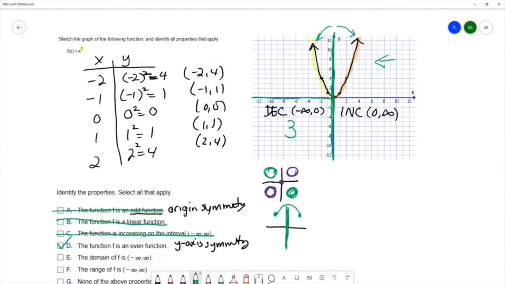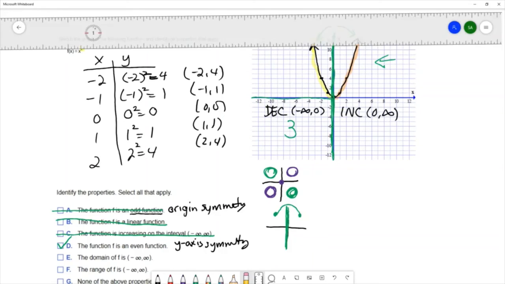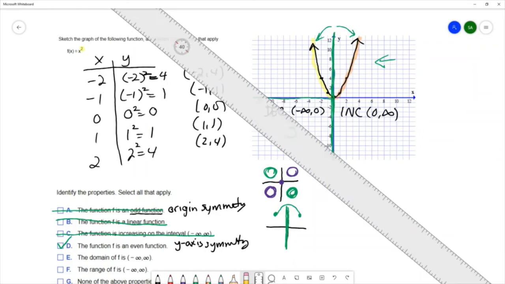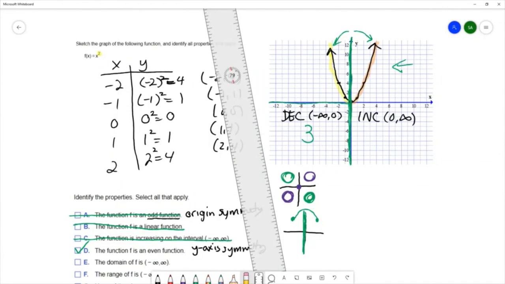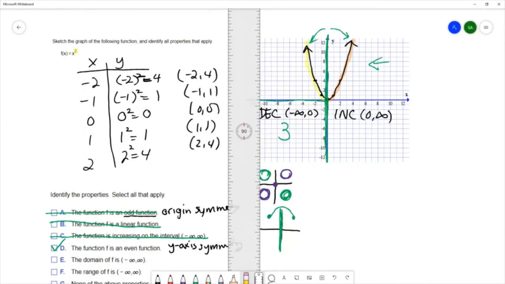The next property says the domain of f is negative infinity to infinity. I'm going to take my ruler and hold it vertically and think about when is the first time my ruler would hit the graph.